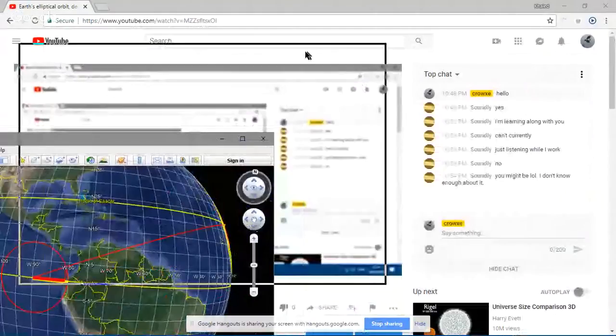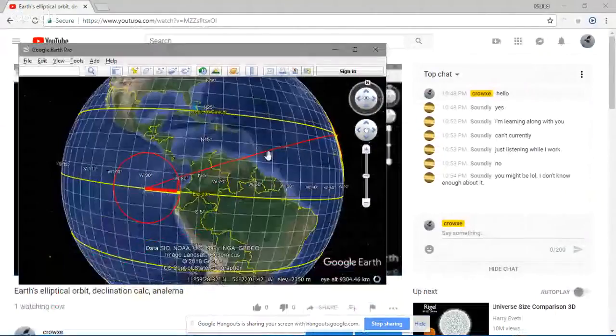Yeah, I don't know much about analemma, but I think it's going to help me in my Sun calc application.